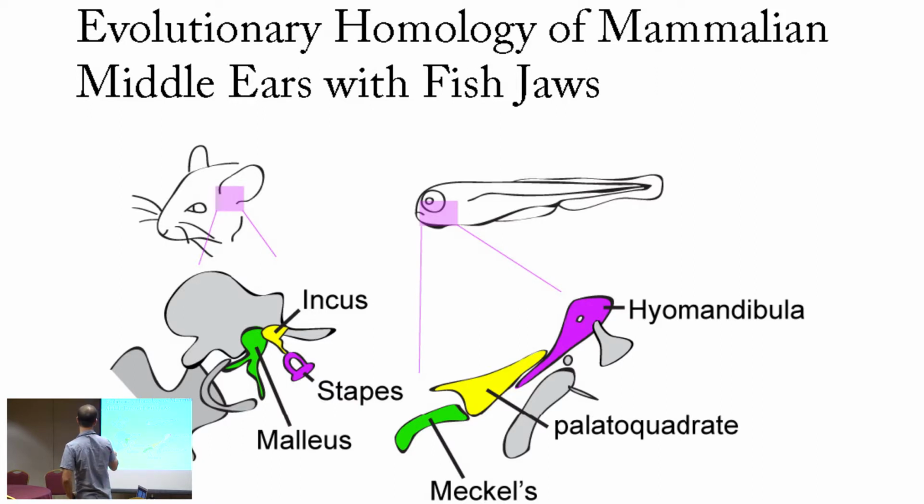The jaw bones of fish have now recessed up into the middle ear and are functioning as the malleus, incus, and stapes, those little middle ear bones that transmit vibrations that I showed in the first slide. And there's a lot of embryological data suggesting that these are the equivalent bones during evolution.